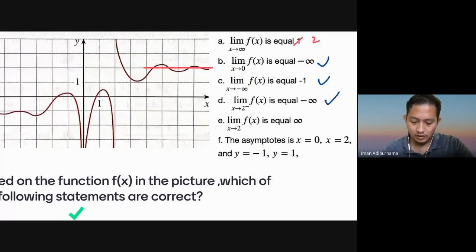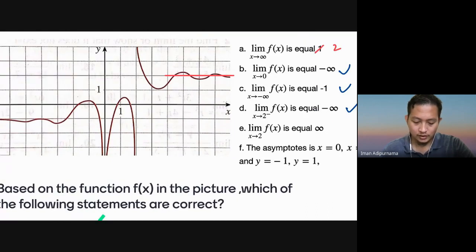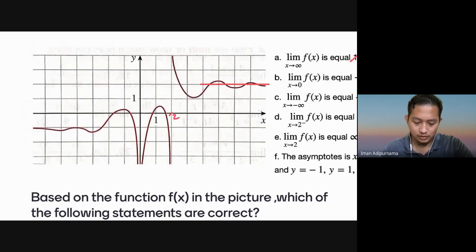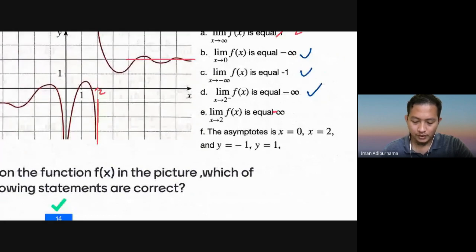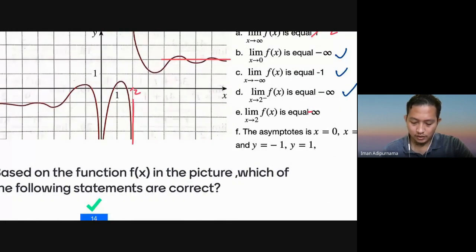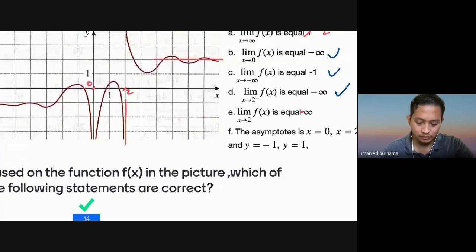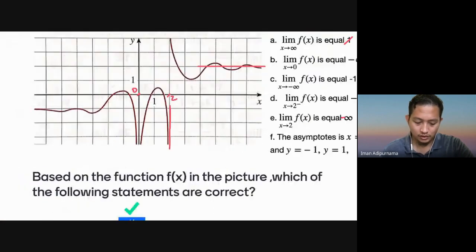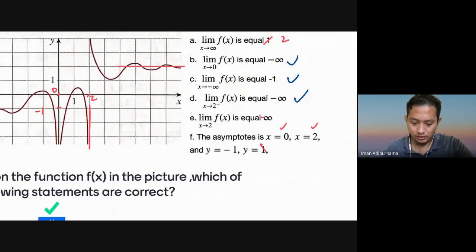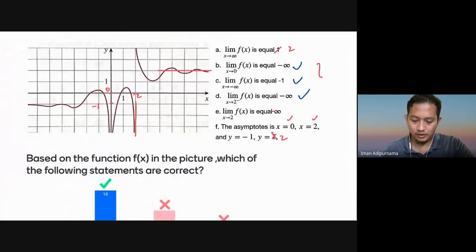And number E, limit of the function as x approaching 2 is here. So it should be going down here, so it should be negative. And the asymptote will be x equals 0. This is 0, and 0 and 2 is okay. And negative 1 is here, and it should be y equal 2. That's why this is correct here.